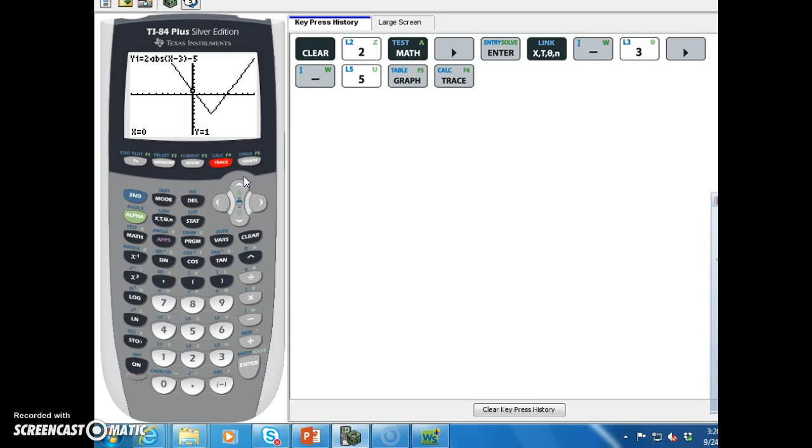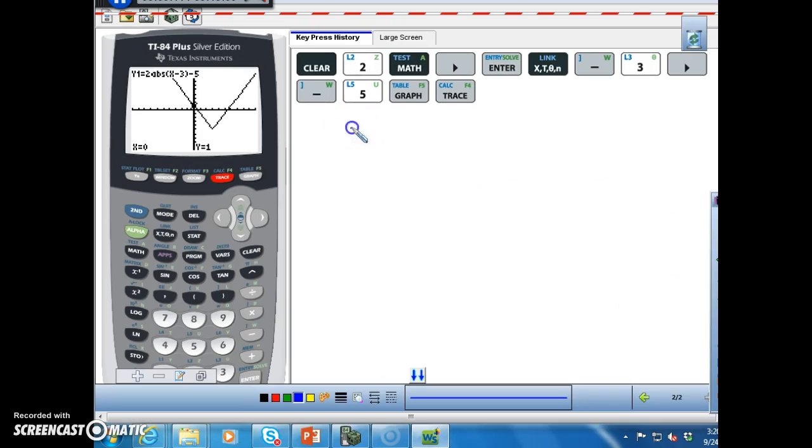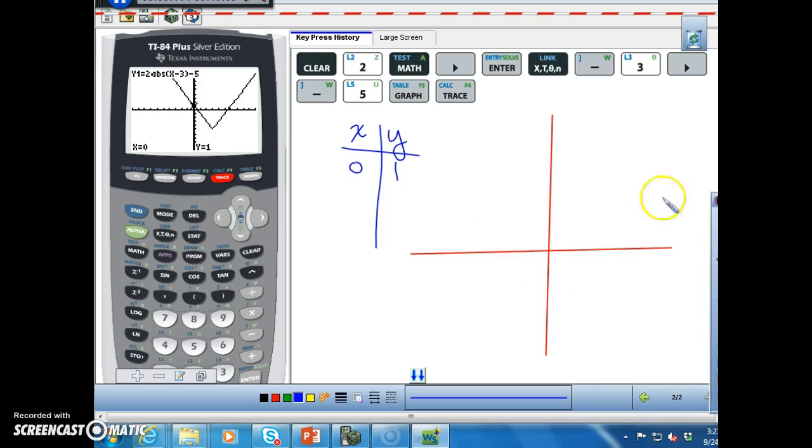0, 1 would be a point I could put in my table and graph it. On my paper, the y-axis, the x-axis.